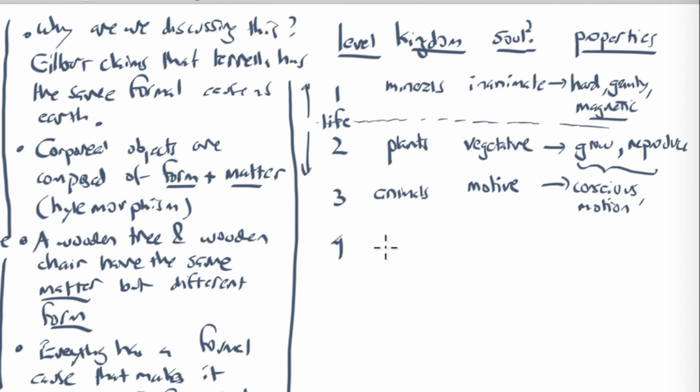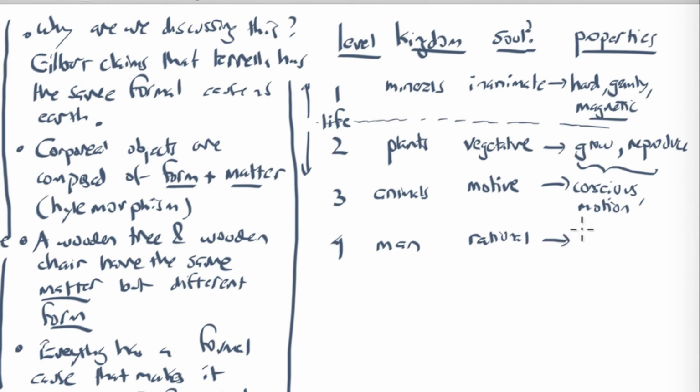And then, above that, you've got man, or woman, person, people, right? And they have a rational soul. So the rational soul is seen as the formal cause, or the form of man. Like the motive soul is the form of animals, the vegetative soul is the form of plants.